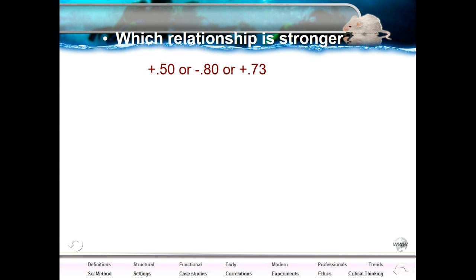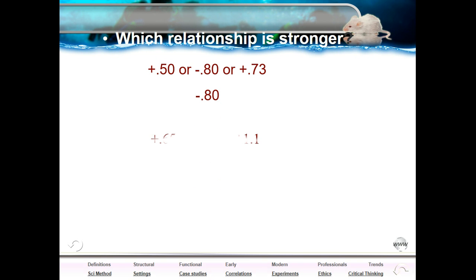Now, ignore the positive and negative, because the positive and negative here do not represent less than 0 or more than 0. It actually represents the direction of the relationship. So in this case, think of it as absolutes. You could use the absolute value sign like we learned in high school, in which we just ignore the positive or negative. Whichever one's closest to 1.0, in this case, would be the negative 0.80.